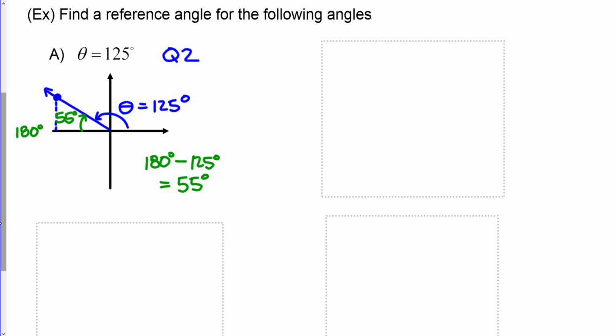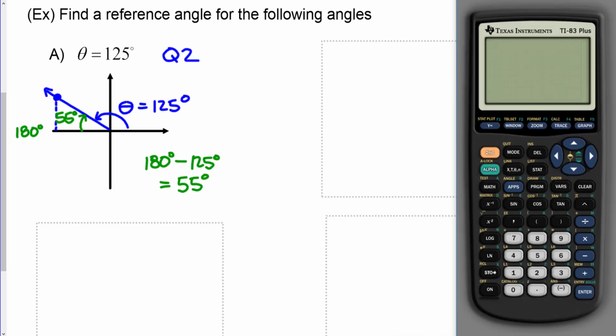So what's going to happen here is, and I'll just show you on the calculator, if I calculate the value of, let's say, sine at 125 degrees and the value of sine at 55 degrees, I'm going to get the exact same number. The same will be true of cosine and tangent as well, and the remaining trig functions, since they're just simply the inverses of these numbers.